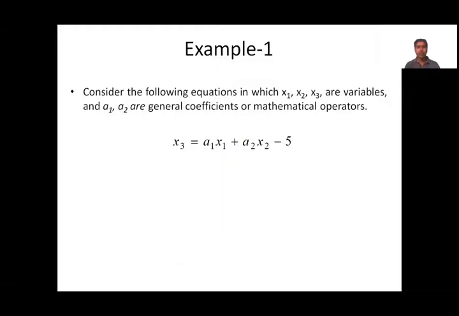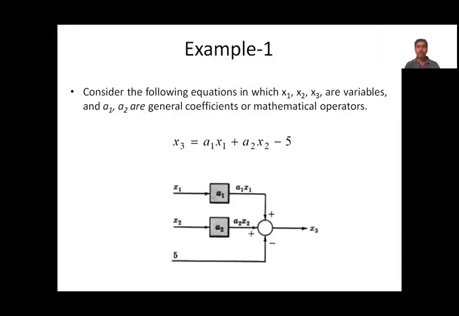Therefore, finally, the block diagram representation of the given LTI model is this one. x1, x2 are the input signals of the total model, and also 5 is a constant, of course, but the input variables are x1, x2 only. And x1 is given to the a1 block, so that we get a1x1, that is given to the summing point.